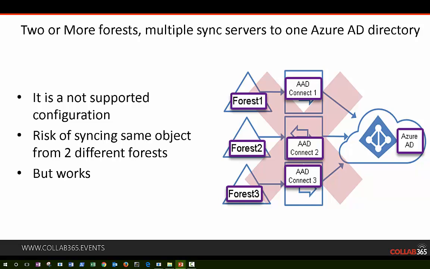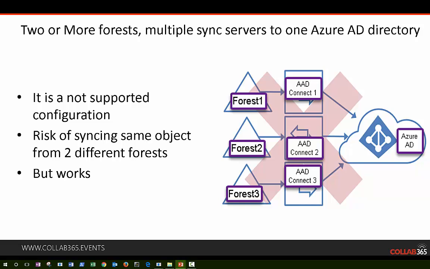Next option is this one: 2 or more forests, multiple sync servers to one Azure AD directory. This is not a supported configuration. At the same time, Microsoft never says that it does not work, because it works. I've seen customers where it works. At the same time, remember, it is not a supported configuration. Maybe it is working. Why is it not a supported configuration?